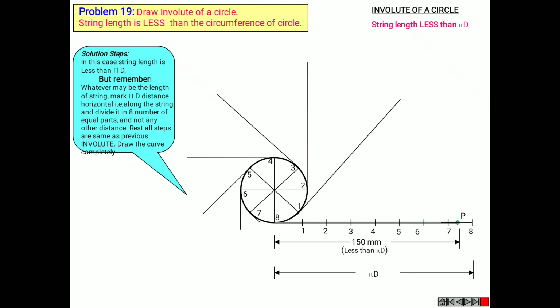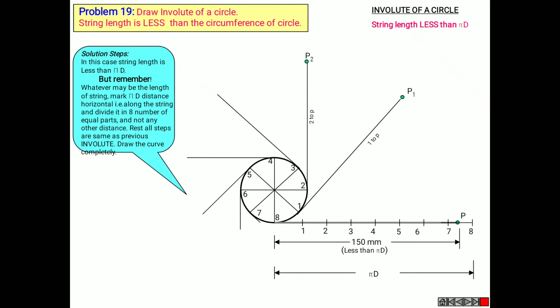Now by taking your compass, measure from 1 to P and mark a point on the tangent to the circle through 1. Similarly, measure from 2 to P in your compass and mark a point on the tangent to the circle through 2.